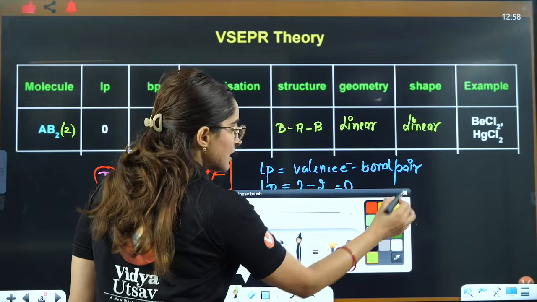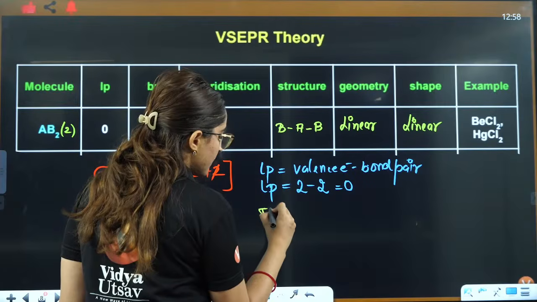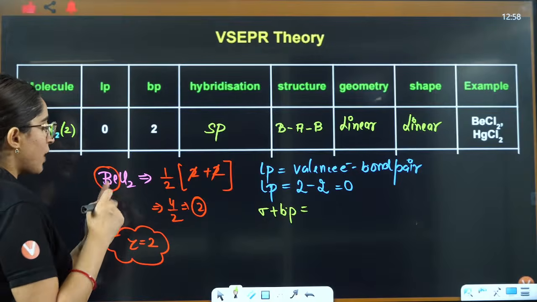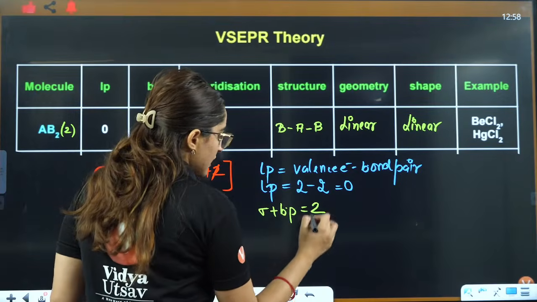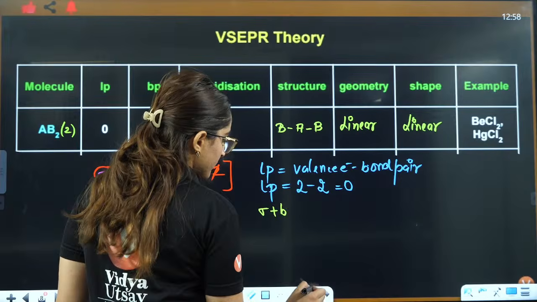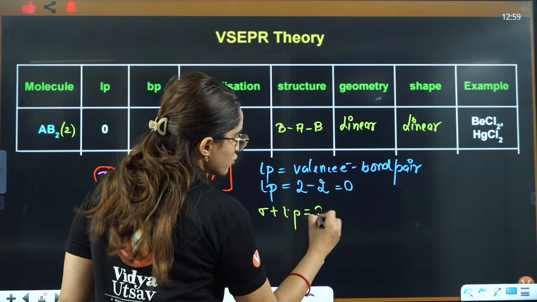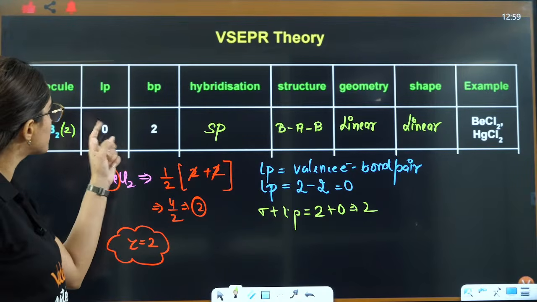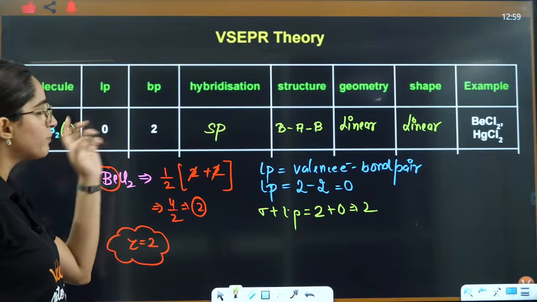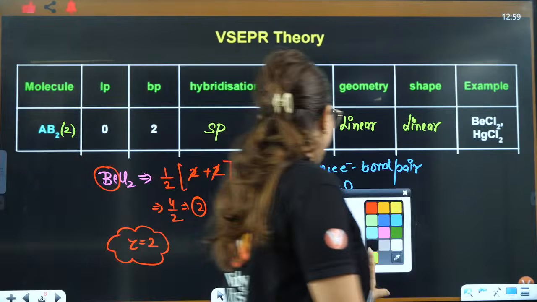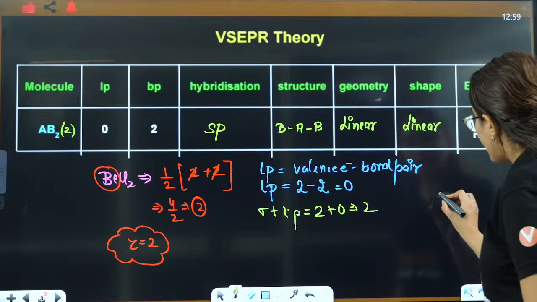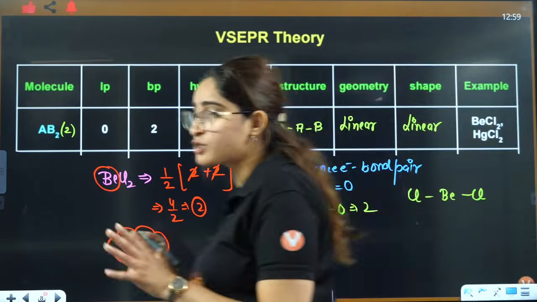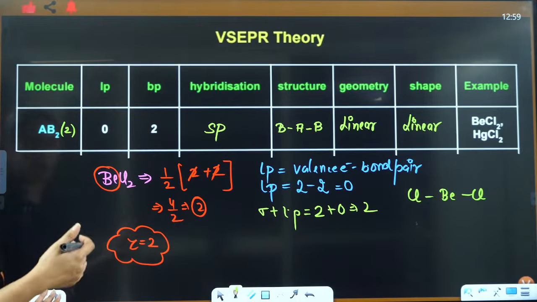Sigma plus lone pair: sigma bonds are 2 as you can see here, lone pair is 0, so overall it is 2. That means it is going to be a linear structure, that is BeCl2. Now I am teaching you very, very slowly here so that you get to know what I am doing, right?